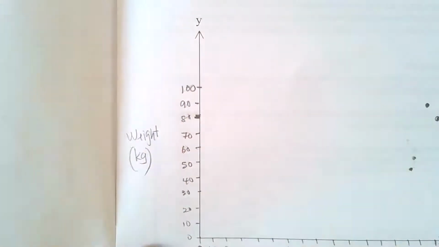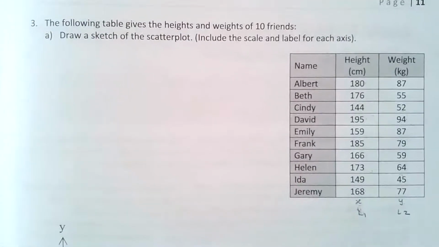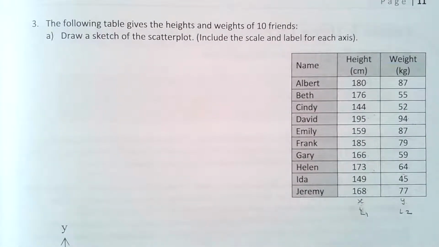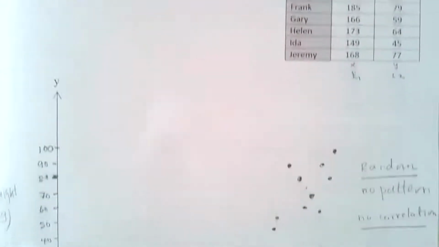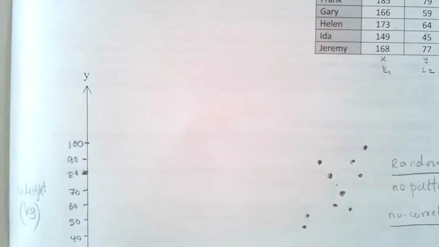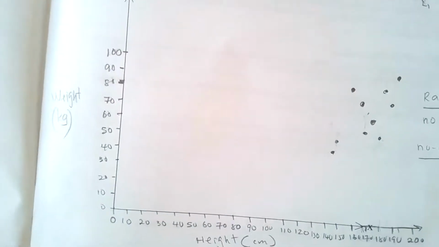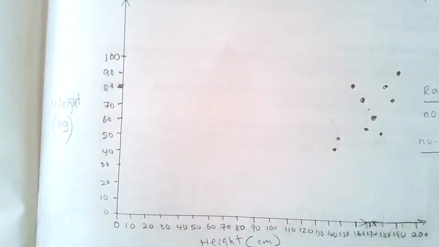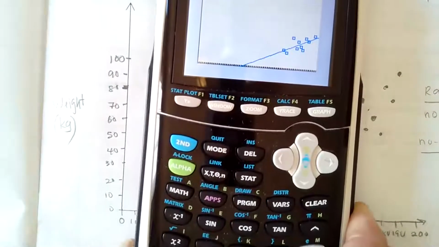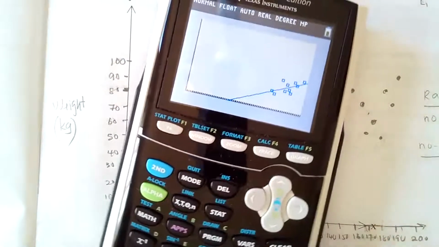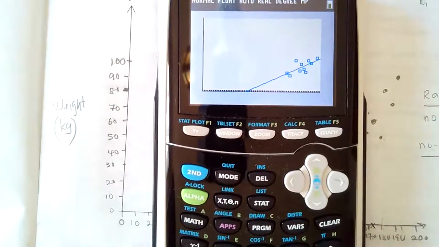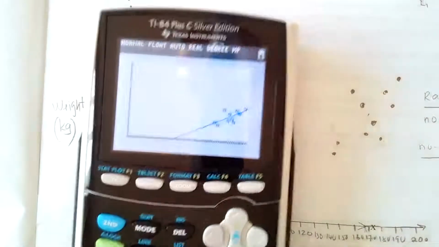Then we did question 3. And we graphed it, but there's no correlation. And we did use our graphing calculator to graph the set of data to get the same relationship.